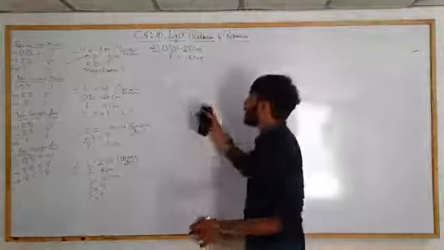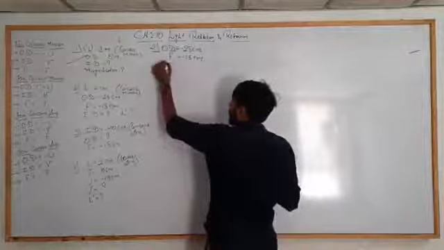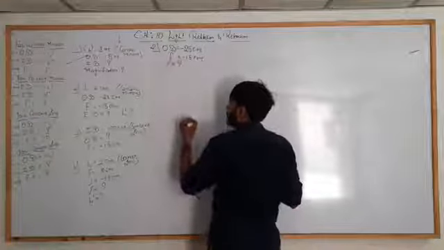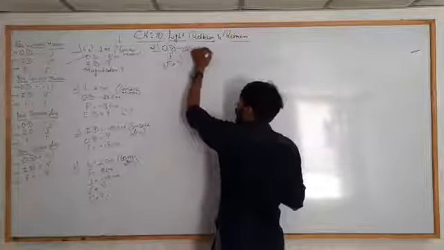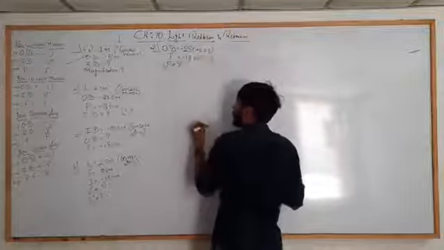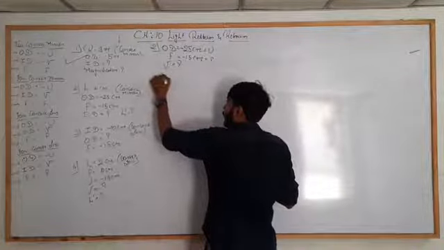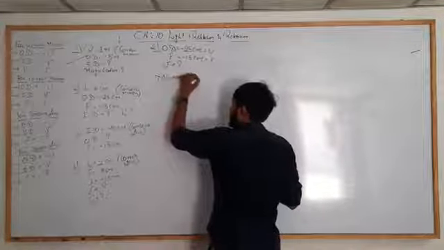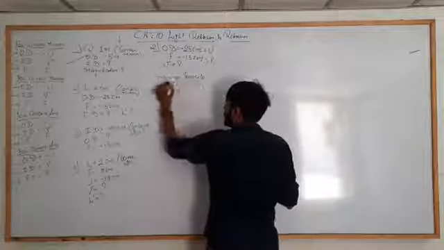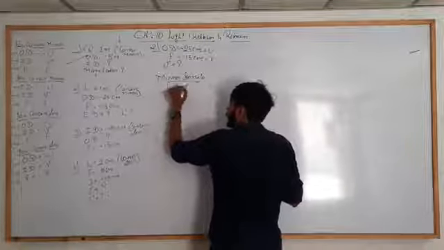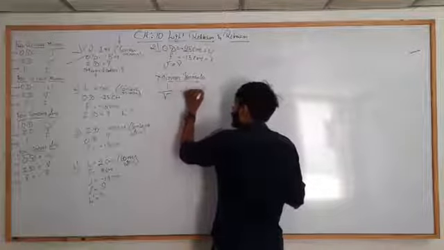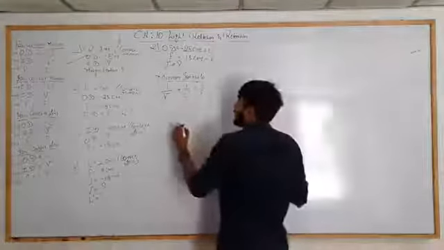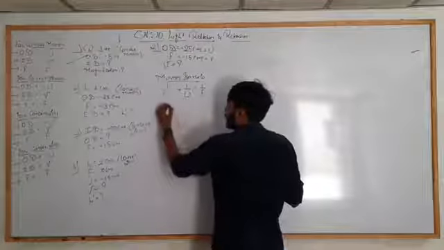Fine. So the focal length is given, and we need to find the image distance, that is V. This is your U, this is your F. Substituting the values in the mirror formula. So what is the mirror formula? 1 upon V plus 1 upon U is equal to 1 upon F. Substitute the values of everything.